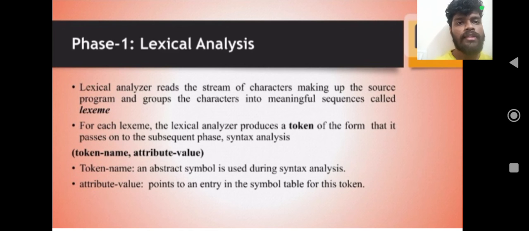For each lexeme, the lexical analyzer produces a token of the form <token-name, attribute-value> that it passes on to the subsequent phase, syntax analysis. The token name is an abstract symbol used during syntax analysis, and the attribute value points to an entry in the symbol table for this token.